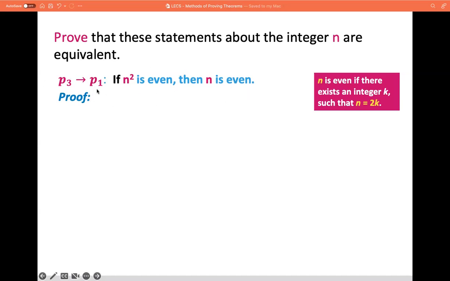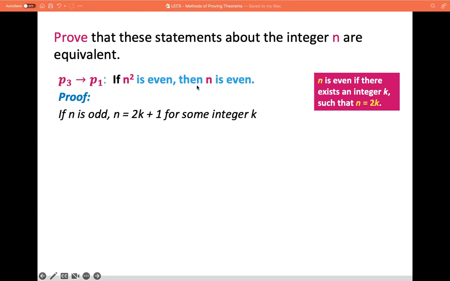The contrapositive of this statement is: if n is odd, then n squared is odd. If we can prove the truth of that contrapositive, then we can also prove that P sub 3 implies P sub 1. So in other words, what we want is that not P sub 1 implies not P sub 3.